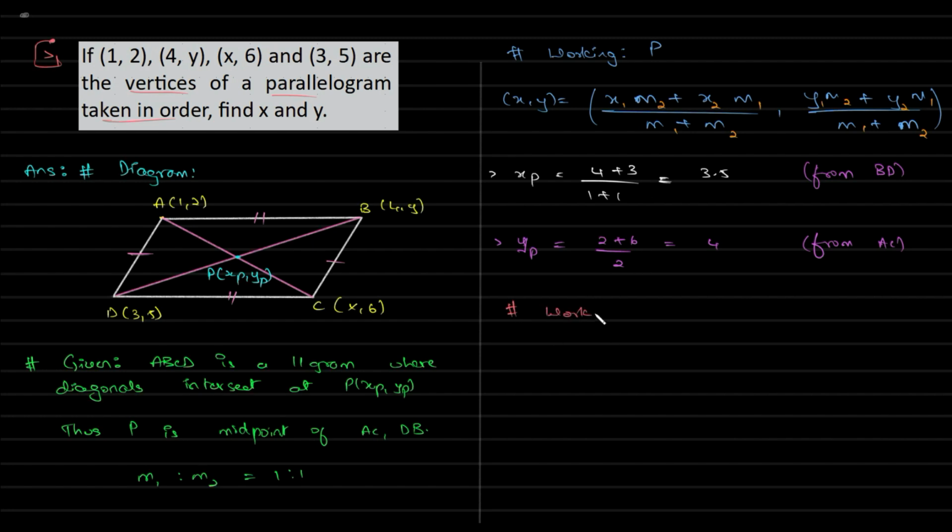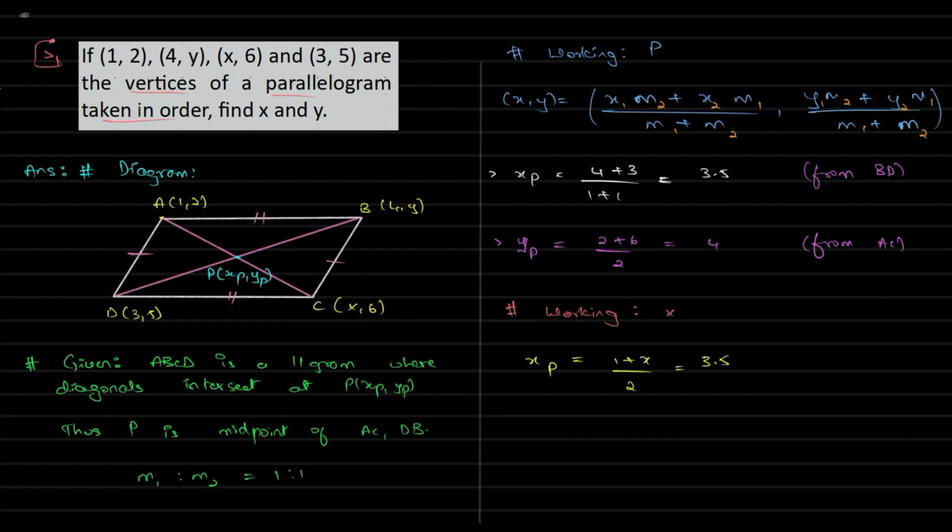So now we are working on X. How do you do it? We know the midpoint. So XP is equal to 1 plus X divided by 1 plus 1, because again it's the midpoint. XP value we already know. So what is it? 3.5.